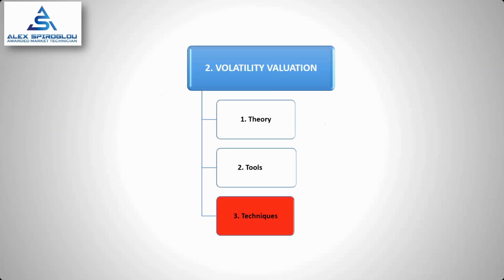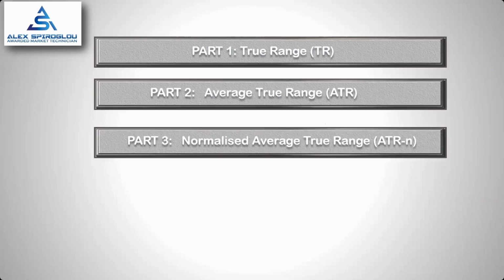So let's go into techniques. We've seen the basics: true range, average true range, and normalized average true range. And this tells you what volatility is, but it doesn't tell you its direction, whether it's going up or going down, and more importantly, if it's high or low.